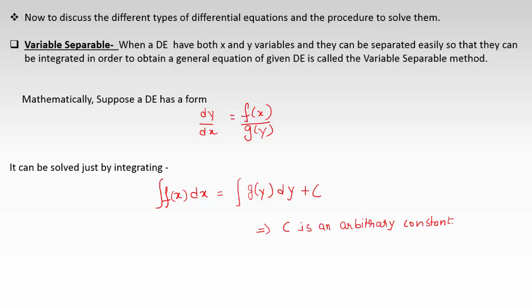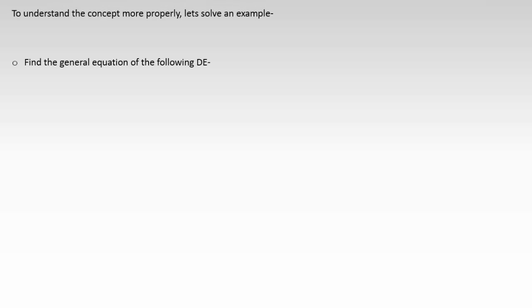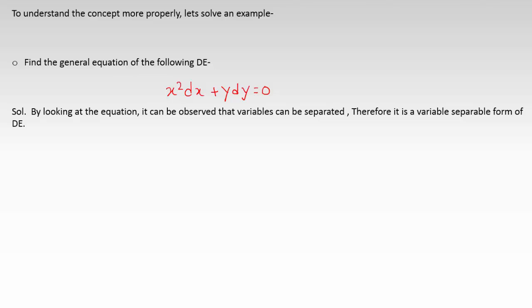To understand this concept more properly, let's find the general solution of the following DE: x square dx plus y dy equals 0. By looking at this equation, it can be observed that the variables can be separated. Therefore, it is a separable form of DE.